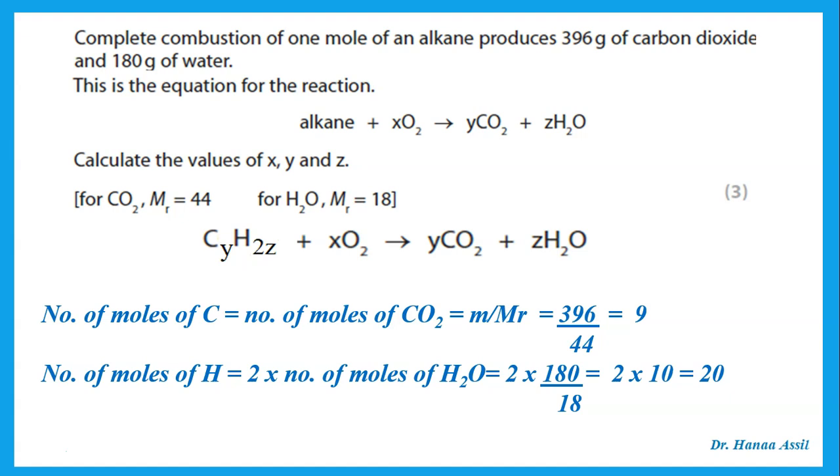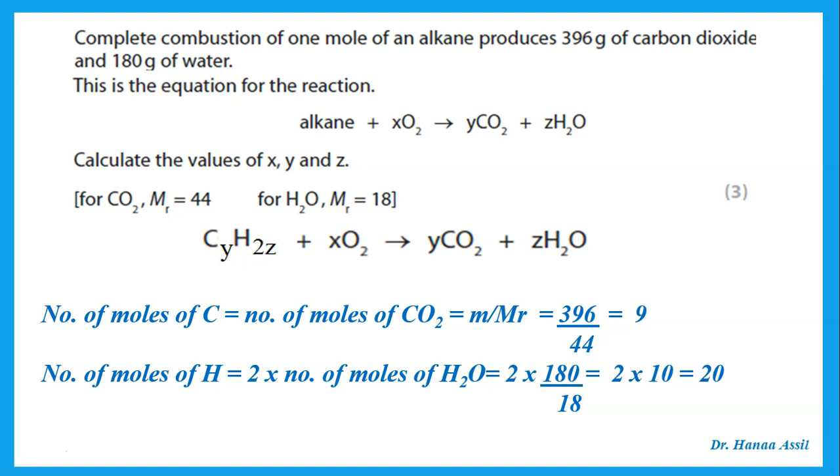Now the number of moles of hydrogen is twice that in water. Remember, if we have the number of moles of water, the number of moles of hydrogen in the alkane is twice that. The number of moles of water is again the mass over the molecular mass of water.